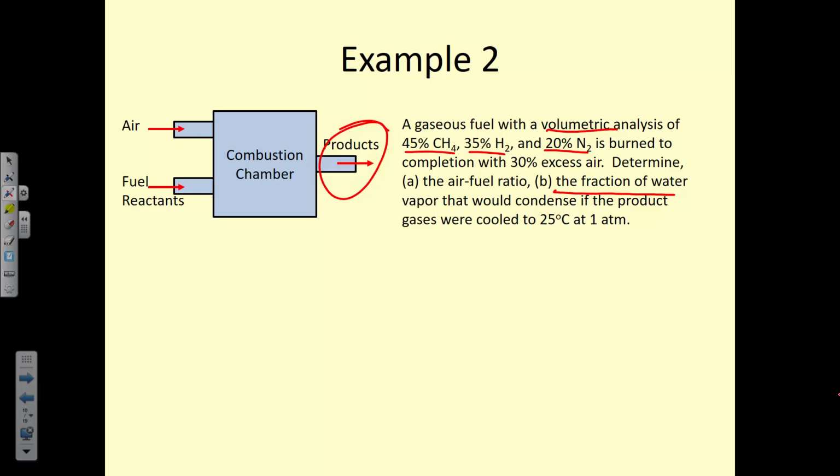So if we were to rewrite this, it would be 0.45 CH4 plus 0.35 H2 plus 0.20 N2 plus, we now have 30% excess air, so it's the theoretical air times 1.3. So 130% of theoretical air, which is 30% excess, times O2 plus 3.76 N2.